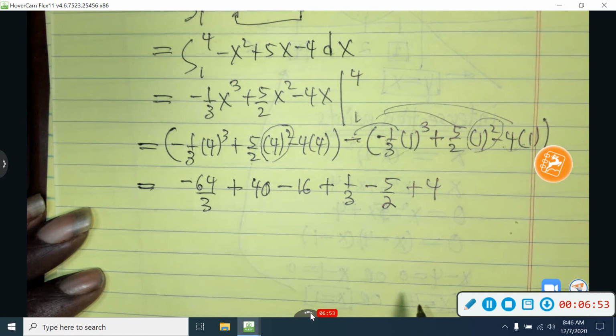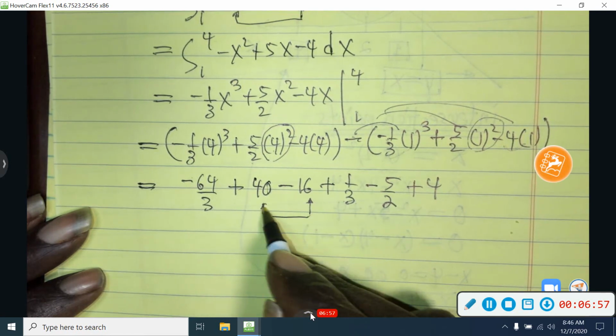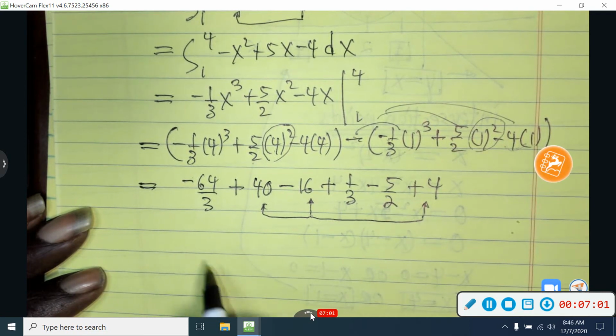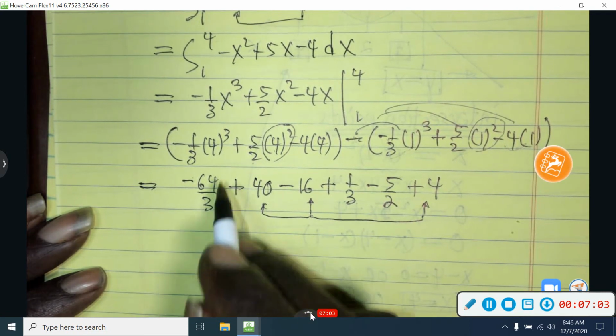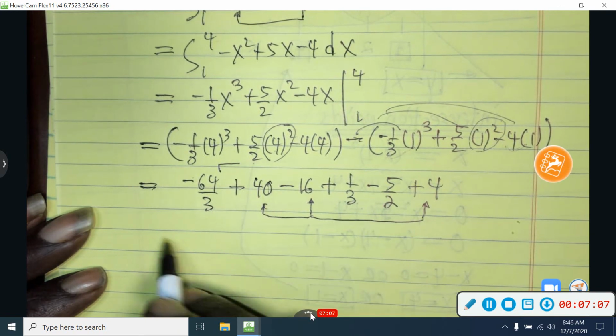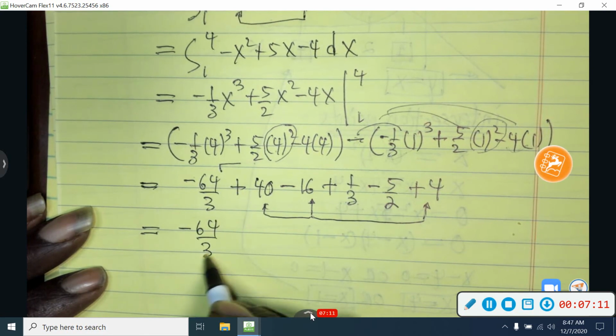Okay, so I'm going to add up all the numbers because they like each other, and add up all these fractions. Let's do one thing at a time. So you get minus 64 over 3.